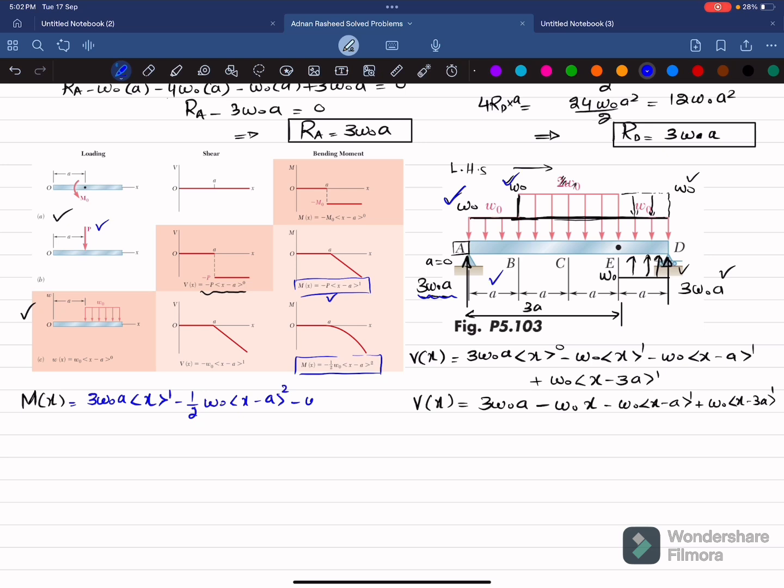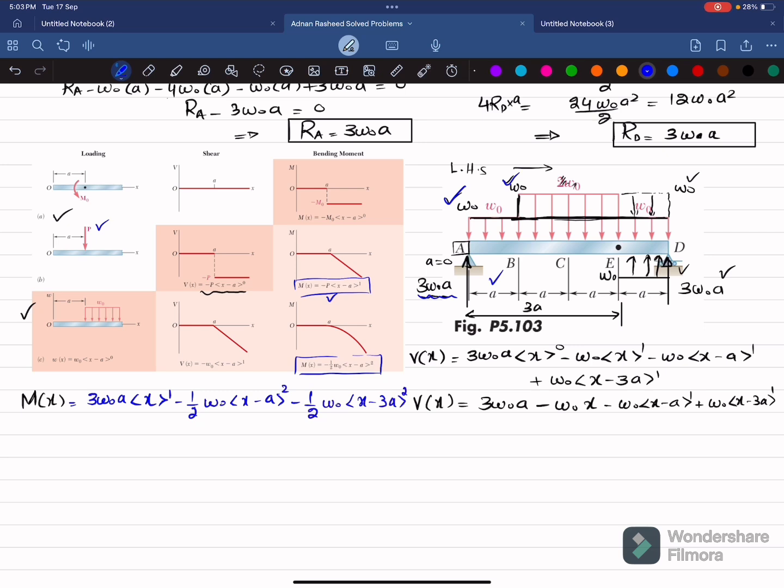Let me correct it. Minus 1 over 2 into W naught into x minus 3a power 2.